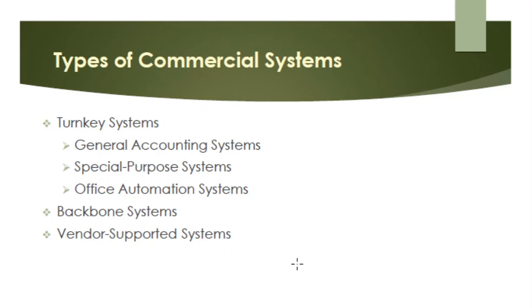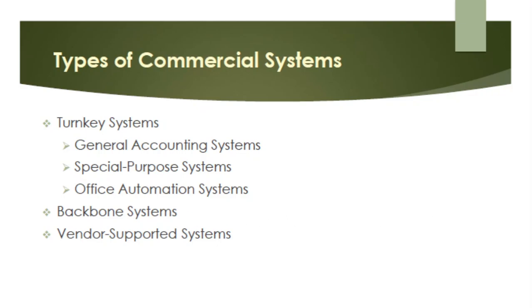So the vendor already has a base program, the backbone program, and then the vendor just tweaks the program in accordance with what the client needs, or what is applicable to the client. So again, you just have a backbone system, like a basis, and then you just add or deduct something from the system to accommodate what the client wants to have in its system.